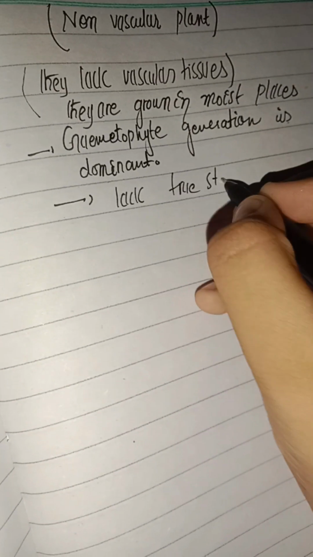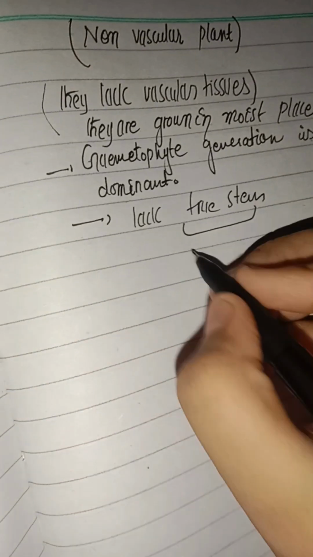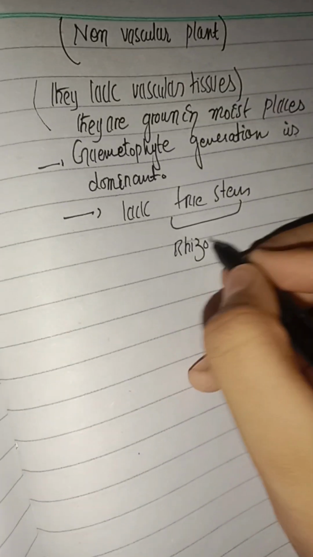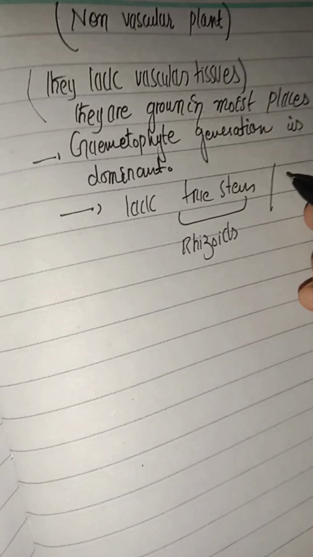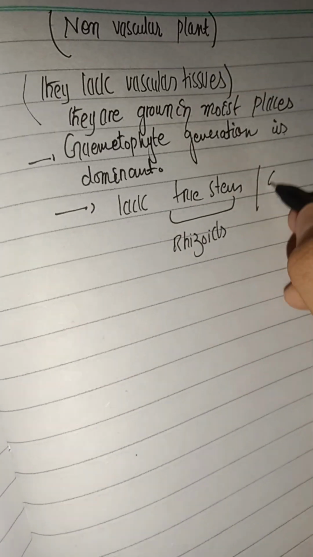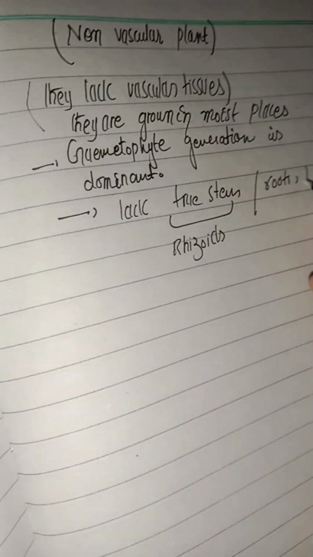They have different groups or divisions, such as the bryophytes. They lack a true stem, which is called rhizoids, and they lack true roots and leaves.